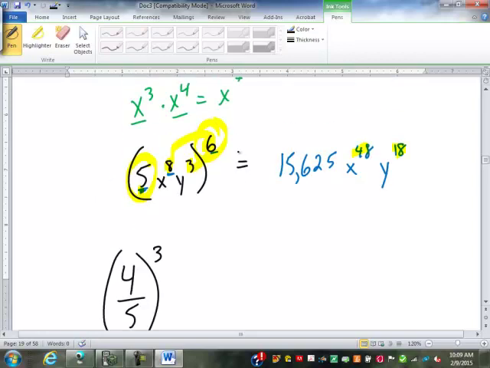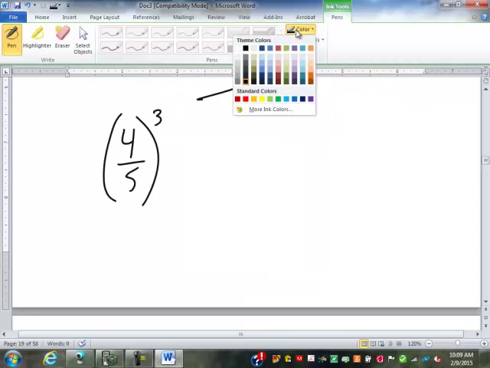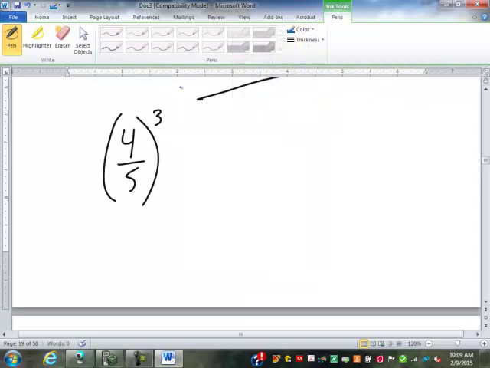That was 5 to the 6th. Gives you 15,625. What if I have something like 4/5 to the 3rd? Can you take 4 times 3? No, those are not powers, those are numbers.